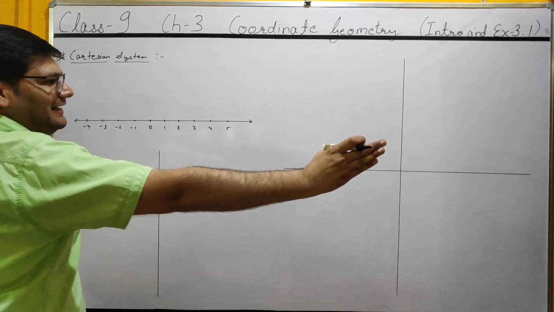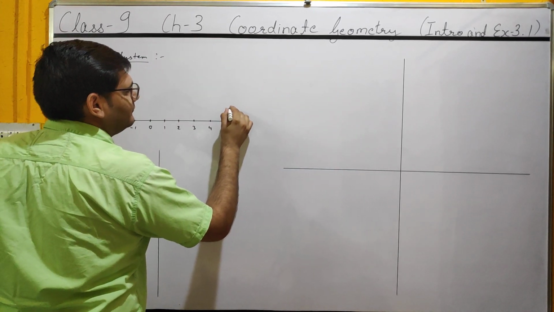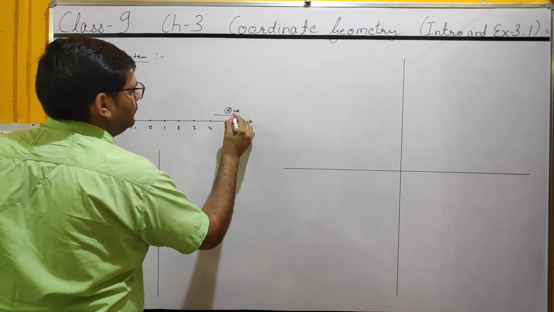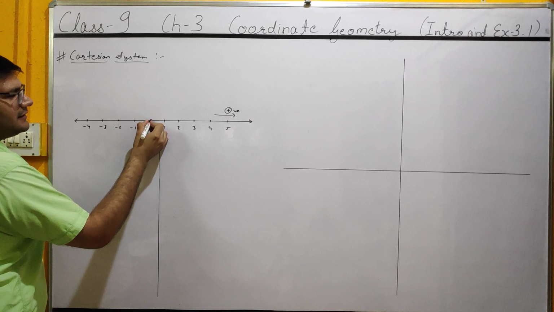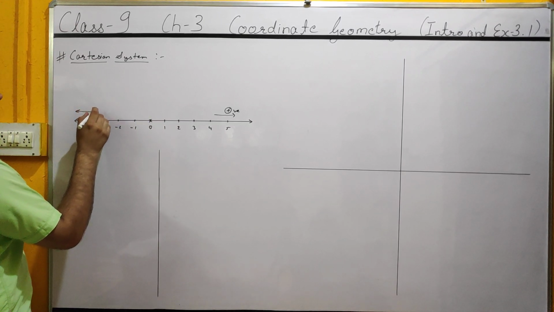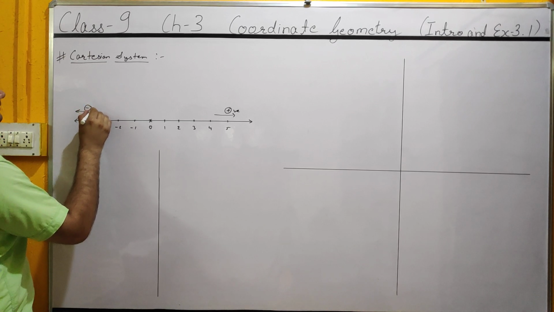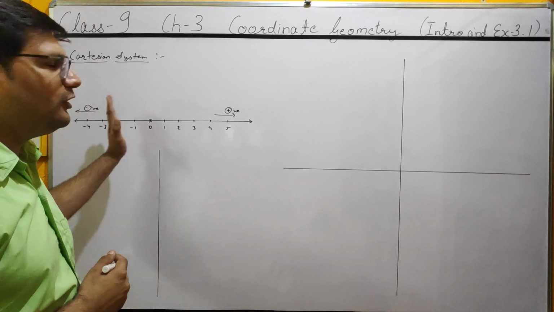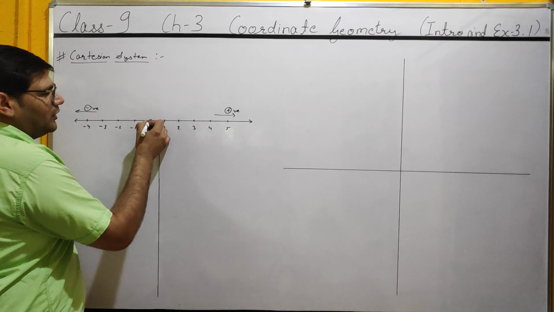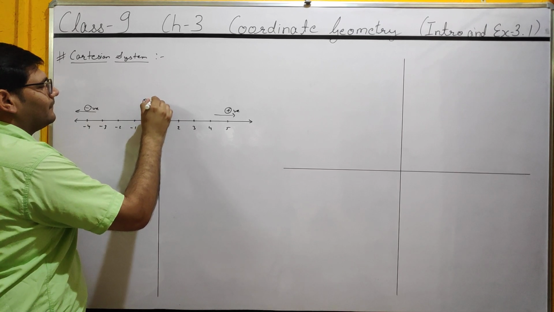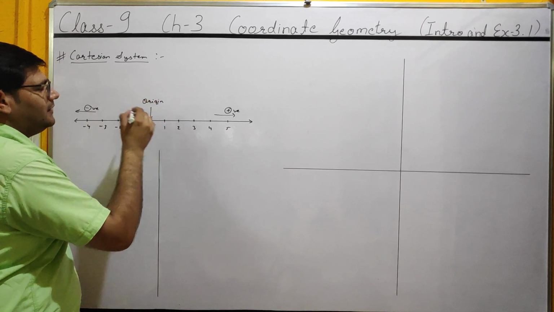Towards the right side of this 0, all numbers are positive, and towards the left side of 0, all the numbers are negative. So this is the origin, the point origin.